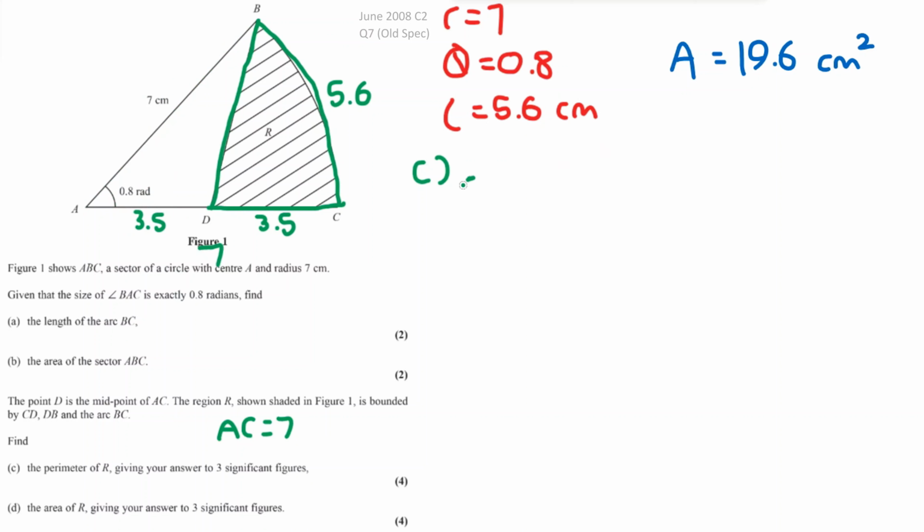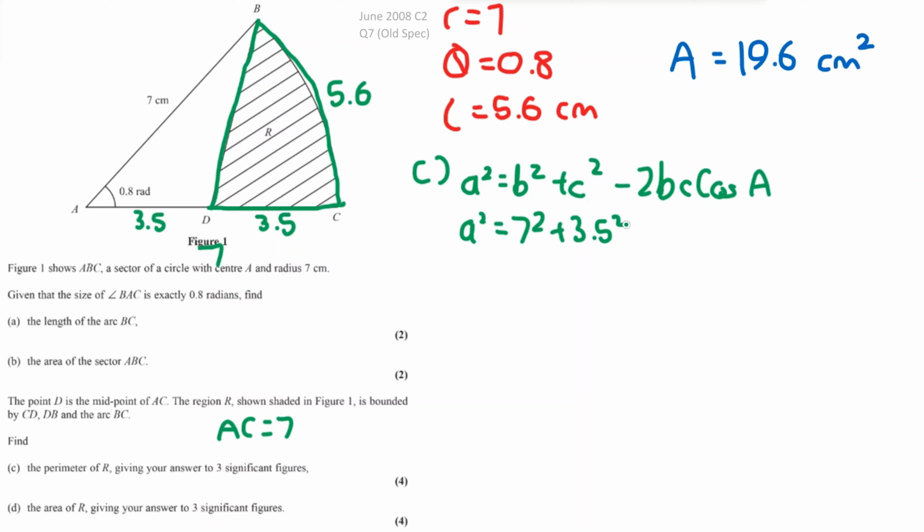The cosine rule is a squared is equal to b squared plus c squared minus 2bc cos of A. So a squared is going to be equal to, we can use b and c interchangeably, so I'll just call this b, 7 squared plus 3.5 squared minus 2 times 7 times 3.5, and then cos of 0.8. Remember to put your calculator into radian mode if you want to keep this as radians.